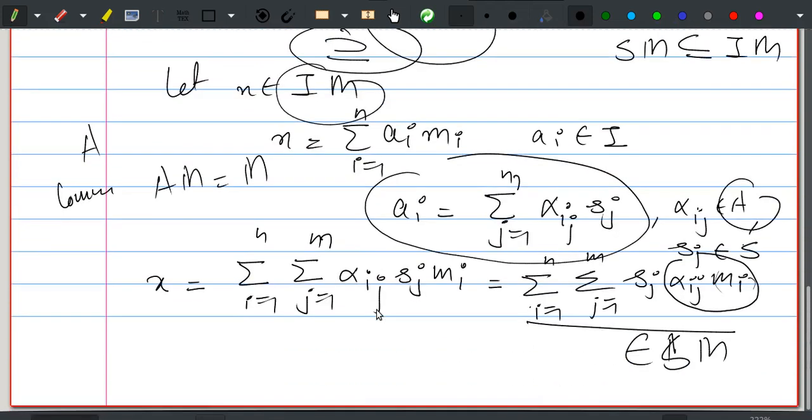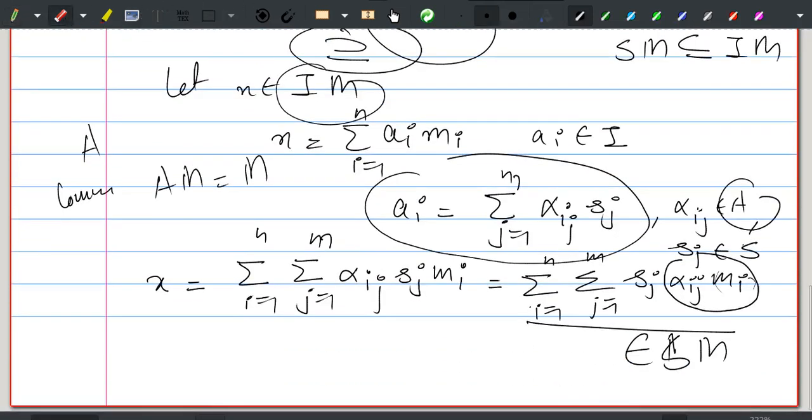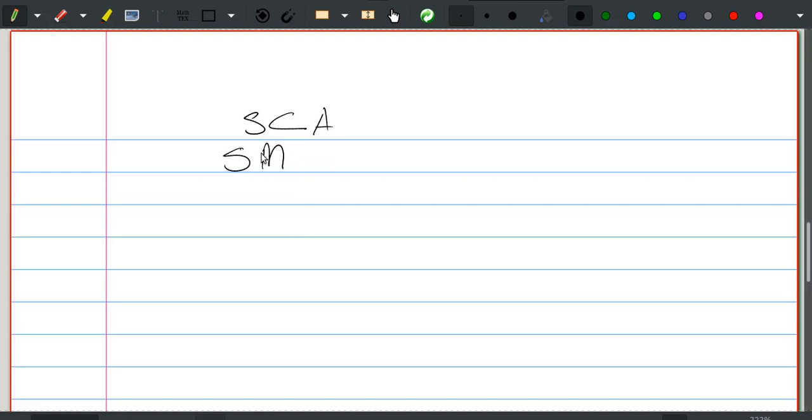So this means that if we look at the submodule of M, so if S is contained in A, then SM is a submodule of M. And if I look at the ideal generated by the elements of S and I look at this product IM, then these two sets are equal.